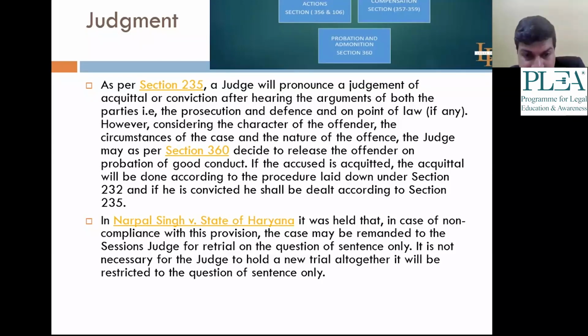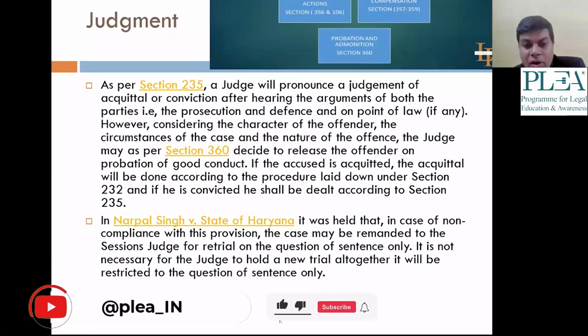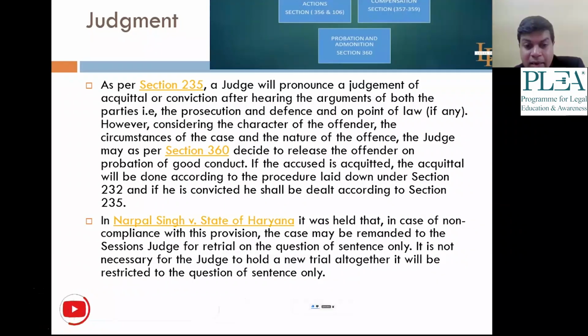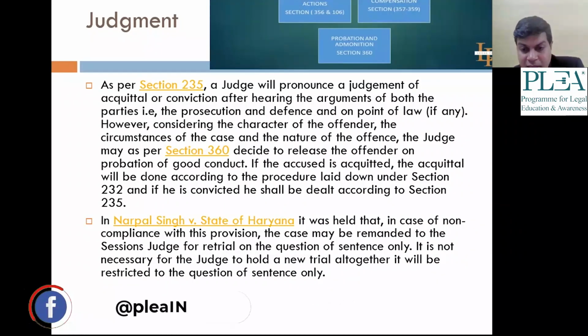So in the case of Nakpal Singh versus State of Haryana, it was held that in case of non-compliance with this provision, the case may be remanded to the sessions judge for retrial on the question of sentence. It is not necessary for the judge to hold a new trial altogether; it will be restricted to the question of sentence only.